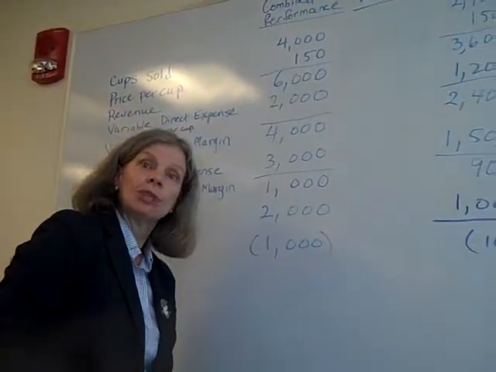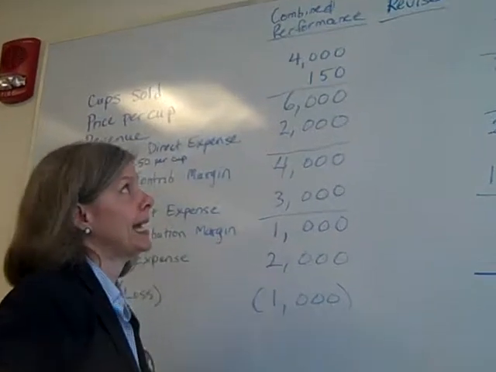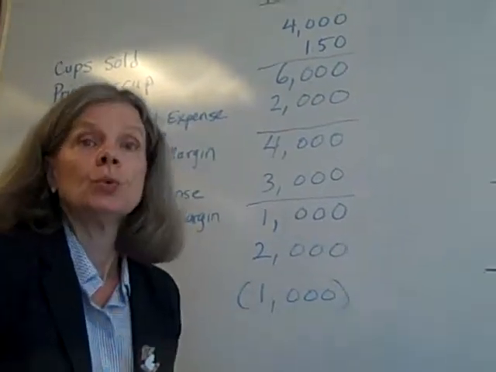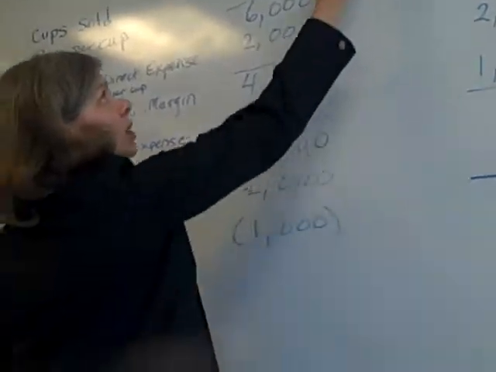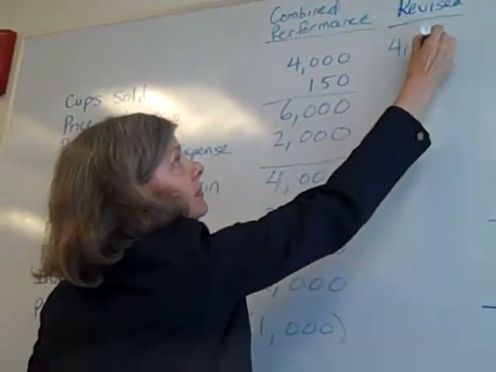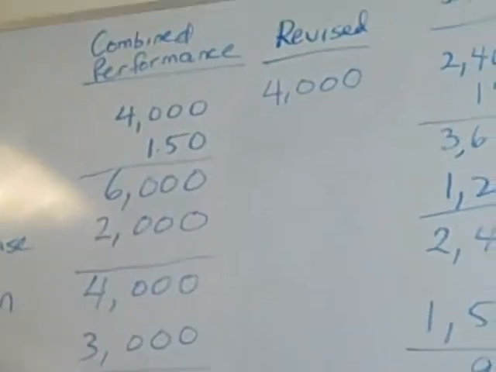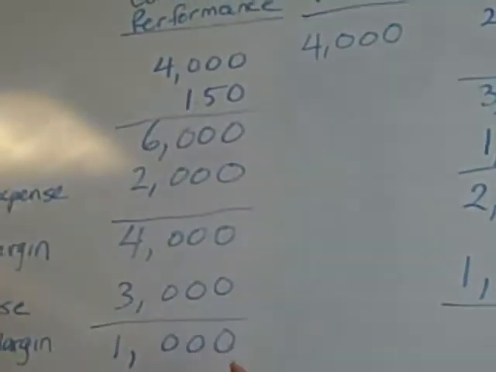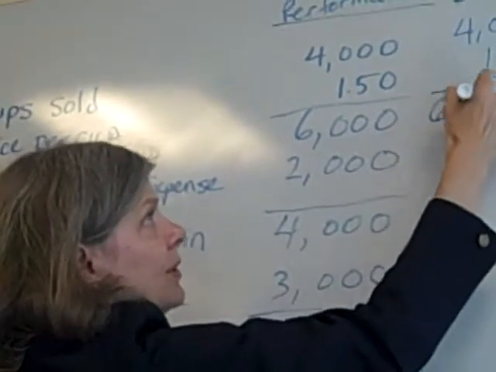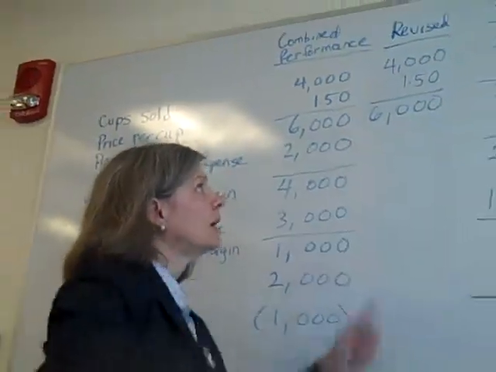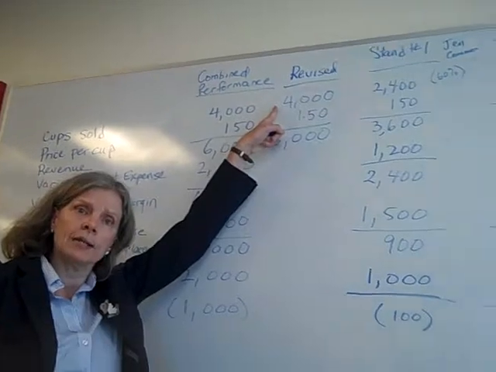Well, if we have Lenny working Dan's stand, let's assume we'll do at least as well as Dan did. So our total number of cups sold will be the same as before, 4,000. At $1.50, our revenue is 6,000.